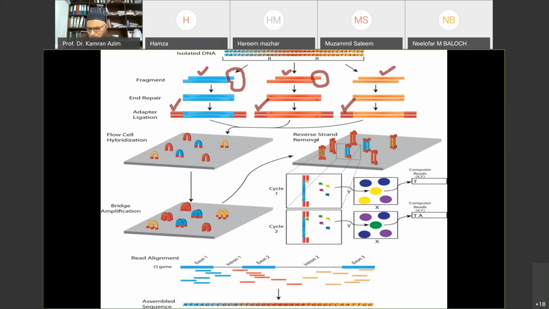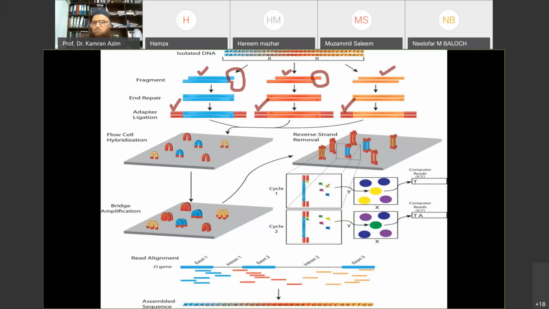We remove one strand, and the other strand, the positive strand, is still attached on the flow cell. Then we introduce all four nucleotides on the chip, and on the basis of the DNA sequence, the nucleotides are attached. When a nucleotide attaches, a signal is emitted in the form of fluorescent light, which is captured by the CCD camera.